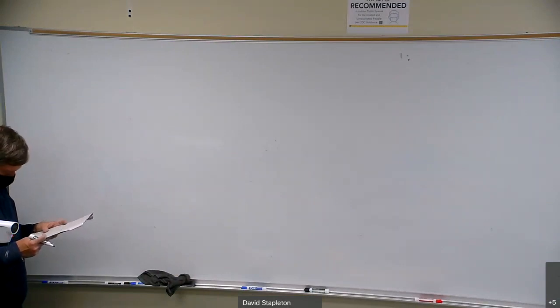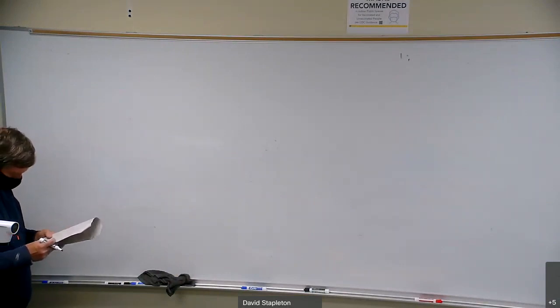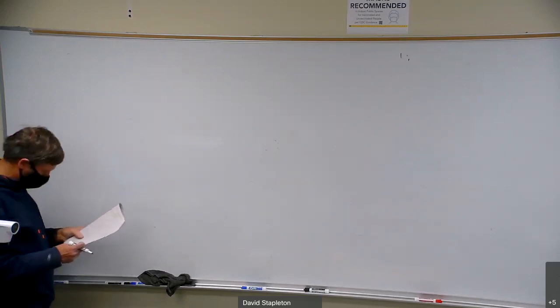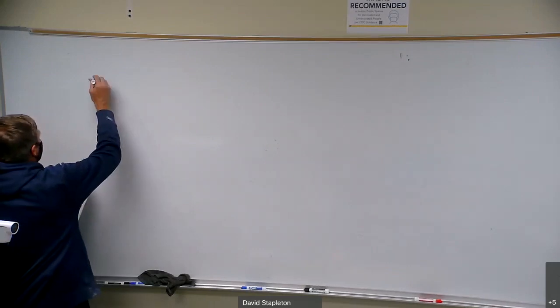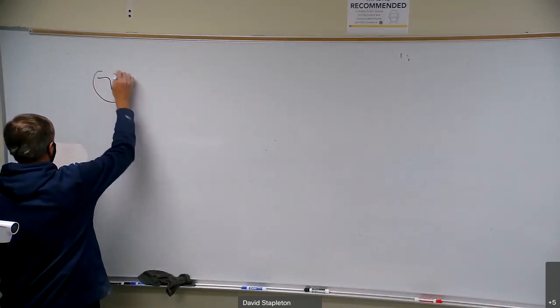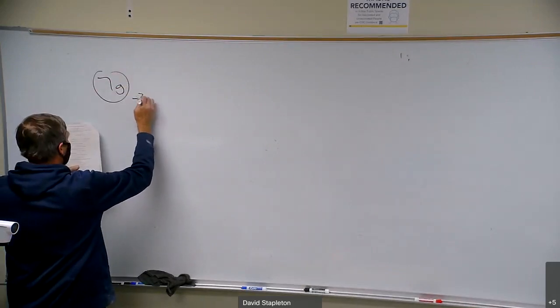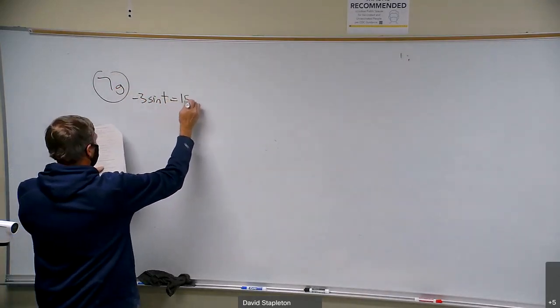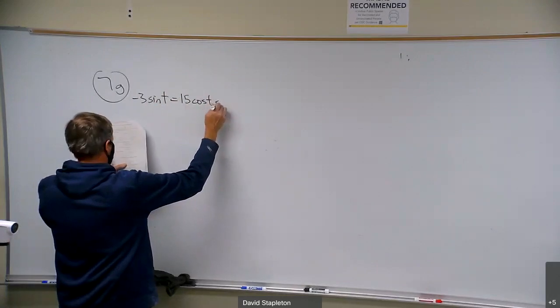Well, I want to point out one pitfall in here. This is 7g. This minus 3 sine t equals 15 cosine t sine t.